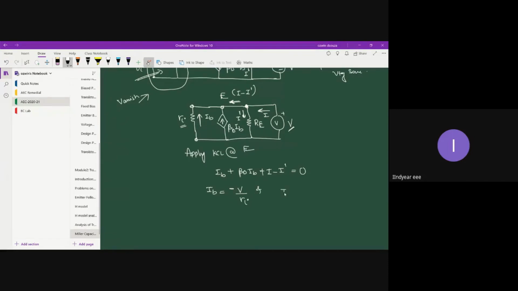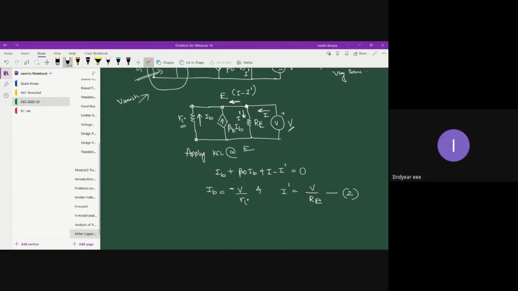On the output side, you can write I dash is equal to V divided by RE, right? I dash is nothing but voltage across RE divided by the resistance. Here the current is actually matching the source current sent by voltage source V, so you will find a positive sign over here.